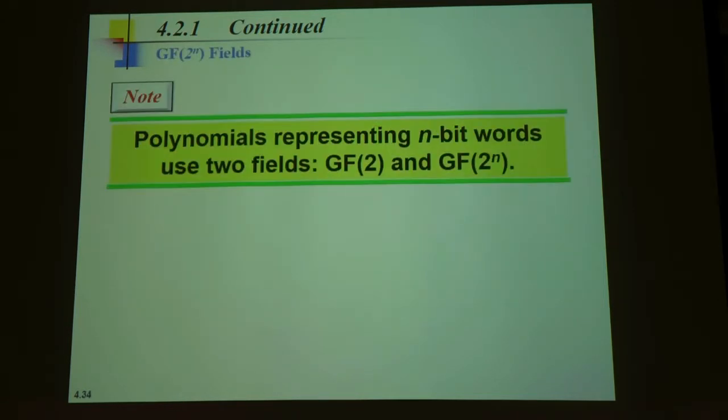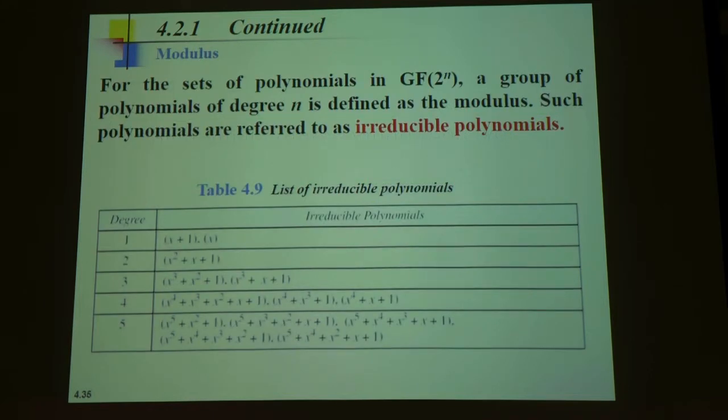Alright, so let's talk about the modulus. For the set of polynomials in GF(2) to the power n, a polynomial of degree n is defined as the modulus. Such polynomials are referred to as irreducible polynomials.